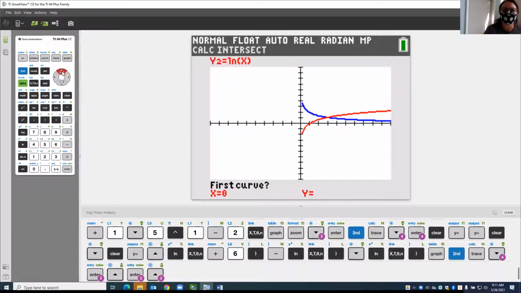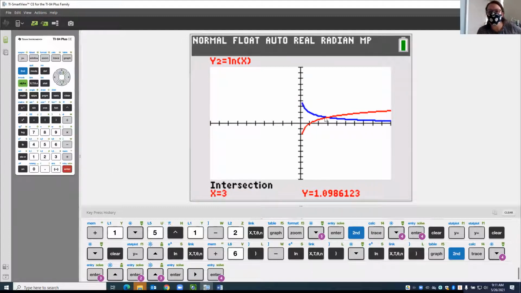First curve. There we go. Normally you just press enter 3 times, and it's going to give you your intersection. So it's only intersecting when x equals 3, but when we did this algebraically, we also got a solution of x equals -2. So what's going on?